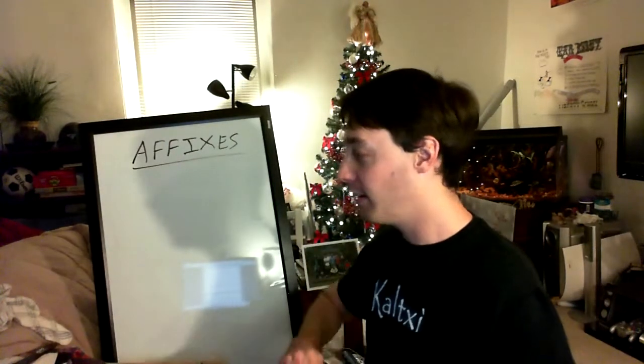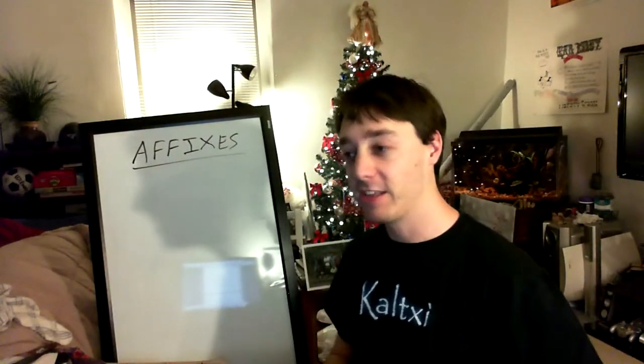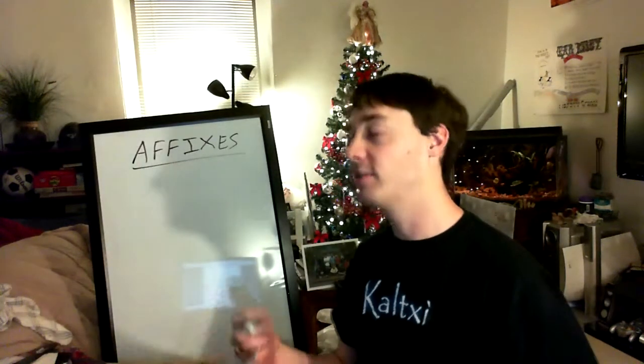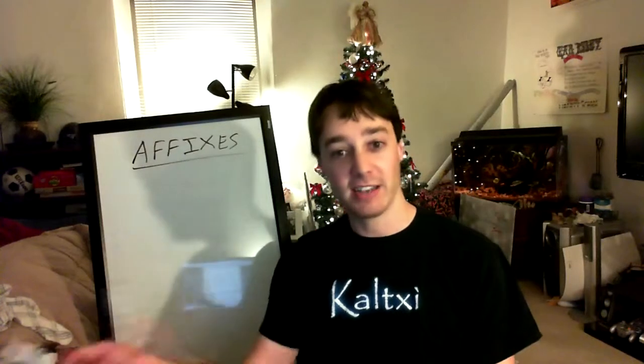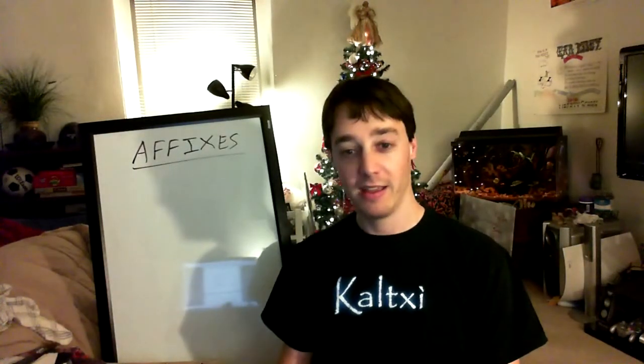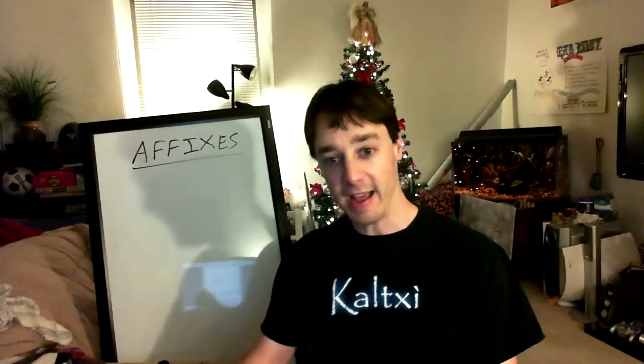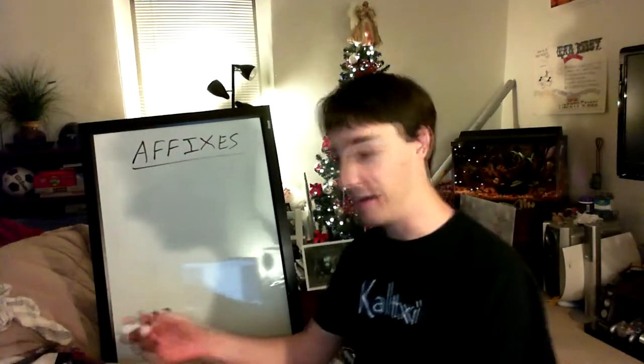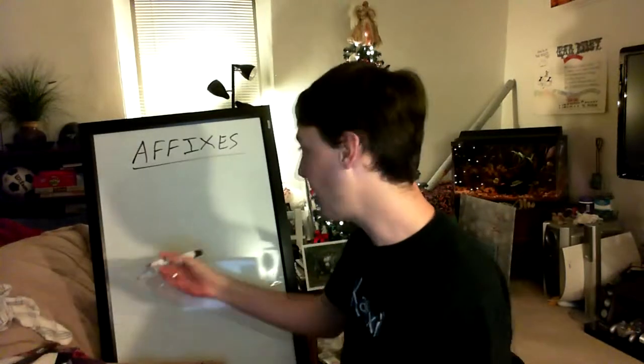So if you want to say the English version of "I just hunted," or no, let's say we want to say "I was just hunting." That would be the recent past tense and the imperfect aspect.